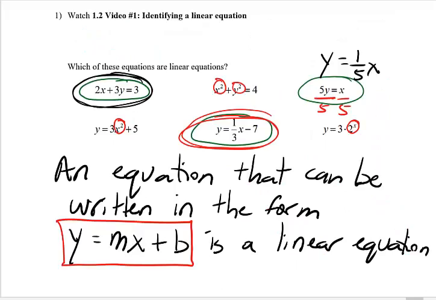Let's look back at problem number 1. Remember this example, 2x plus 3y equals 3. This is not in the good format right now, but finding the intercepts would actually be very simple. If I wanted to find the y-intercept, I just need to set the x value to 0. Setting the x to 0 is basically going to wipe this part out, and then I just have to solve this equation.